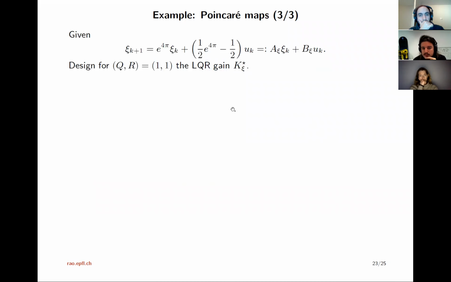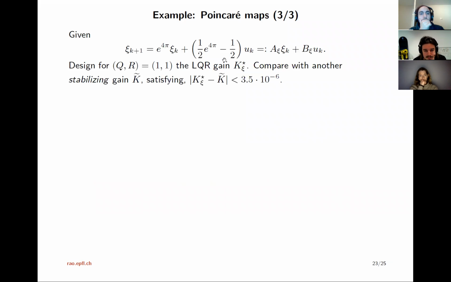Now you could use these LQR tools, which we saw before, or you could use something else. There are many different control tools, you can do whatever you want. So we will design some LQR gain for this linear system. At the same time, we find some k tilde, which numerically will be very close to the LQR gain, but it's a different gain.